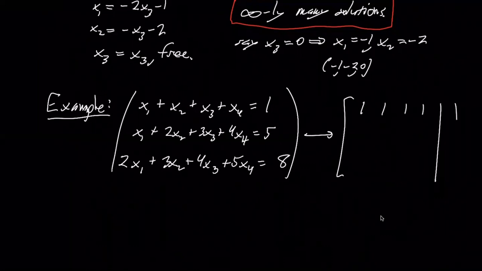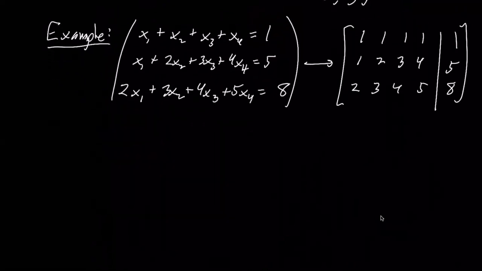well, what happens? You should row reduce this yourself. It's only a couple steps. When I do it, clearly the first step is going to subtract. I'm going to do row 2 minus row 1.